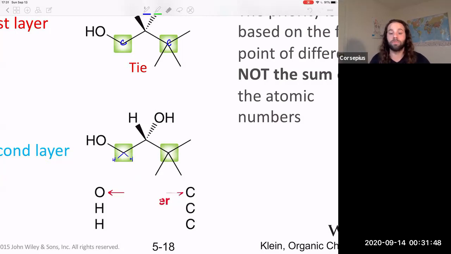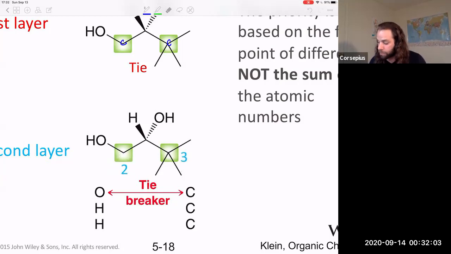And then you go back to rule 1. Which one has the higher atomic number? In this case, this oxygen compared to this carbon is our tiebreaker. That would mean that this group is priority 2 and this group is priority 3. Notice that you're just looking at the highest atomic number in each group.